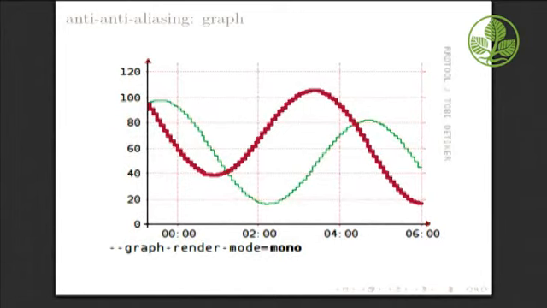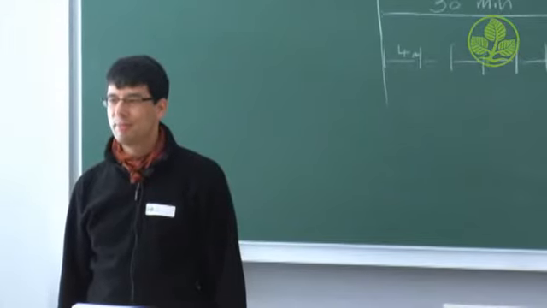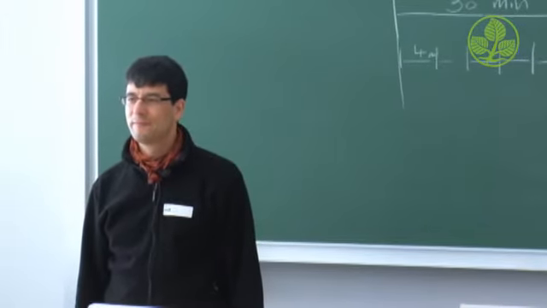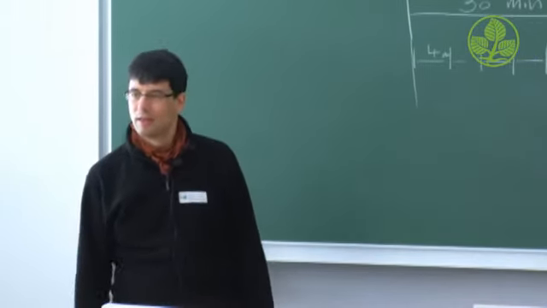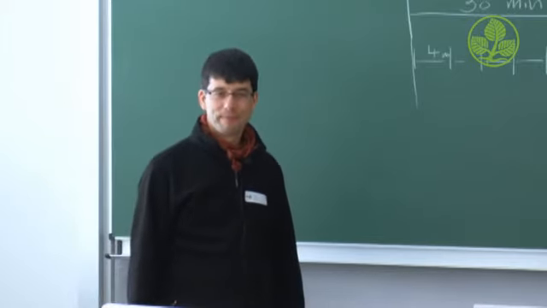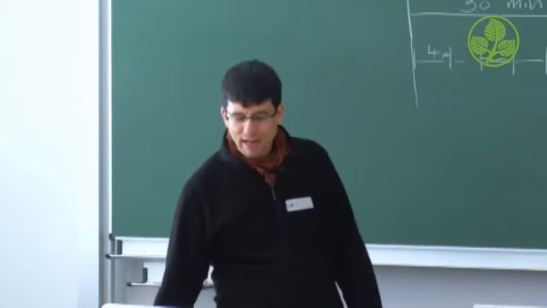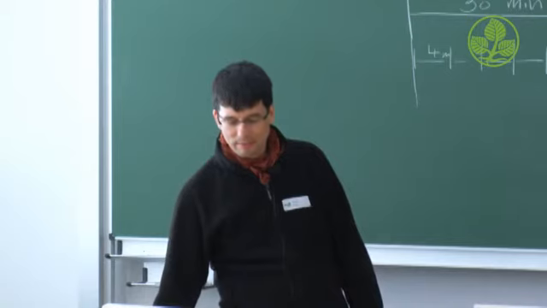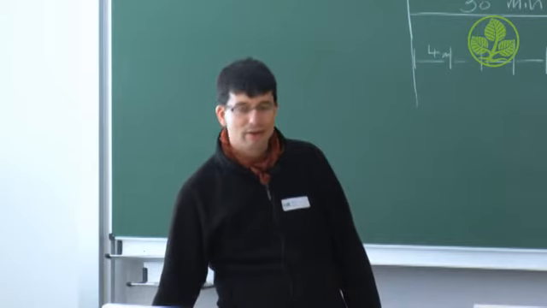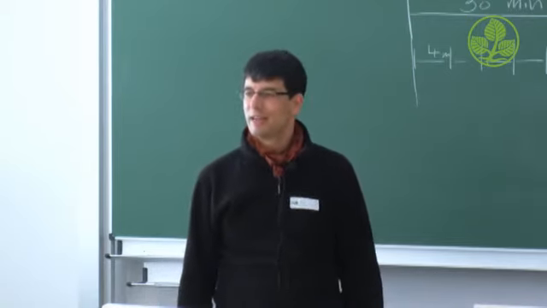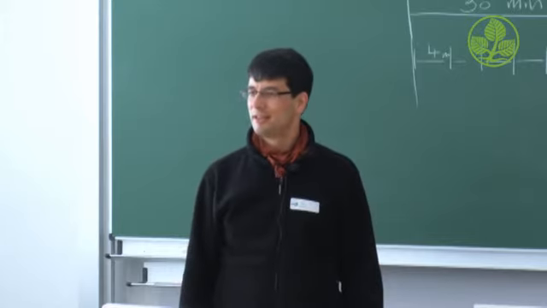RRDtool 1.0 used a different graphing library, which wasn't capable of doing anti-aliasing. It used the GD library, and therefore graphs created with RRDtool 1.0 had a different look than the current graphs.